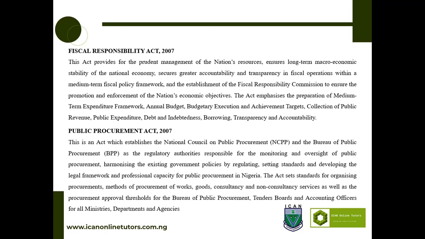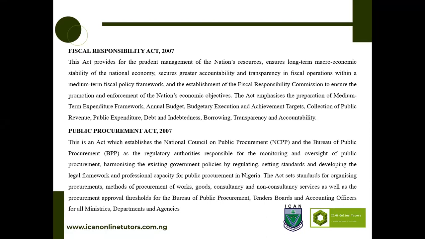This act establishes a National Council on Public Procurement and the Bureau of Public Procurement, BPP, as the regulatory authorities responsible for the monitoring and oversight of public procurements, harmonizing the existing government policy by regulating, setting standards and developing the legal framework and professional capacity for public procurement in Nigeria.